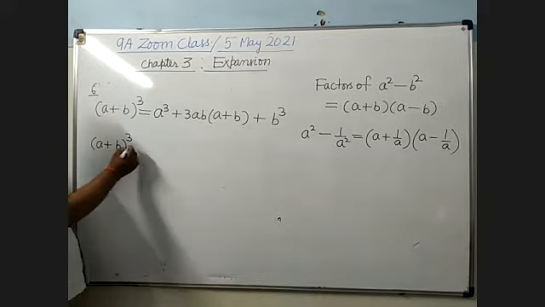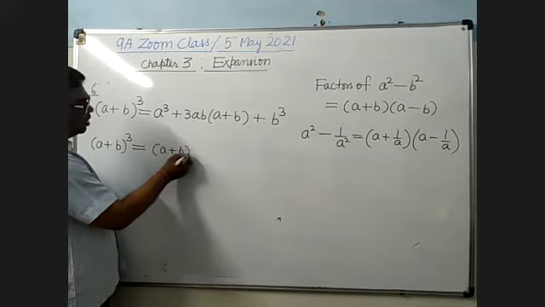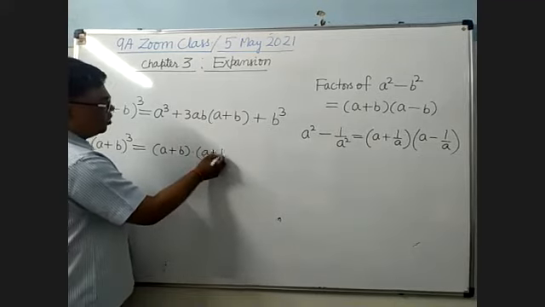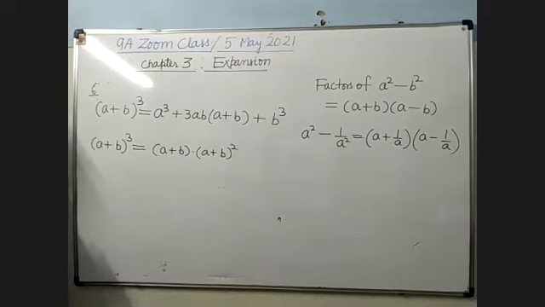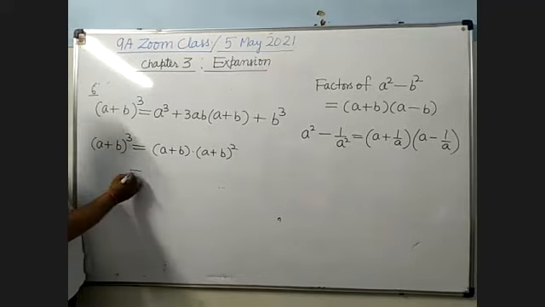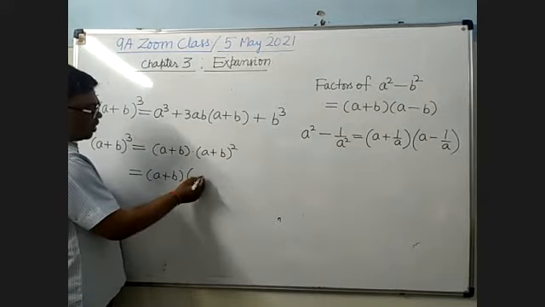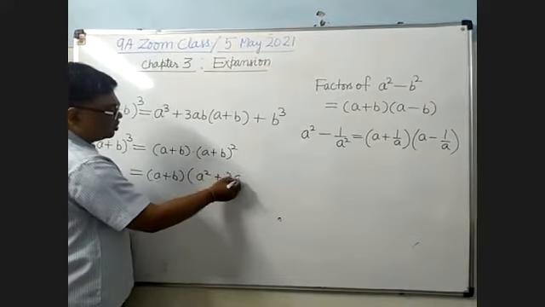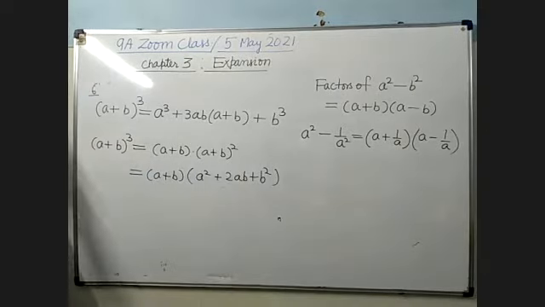So see here, how will you do? You can write it in this form: a plus b into a plus b whole square. It is clear? Now you can write it further: a plus b, in the other bracket, a square plus 2ab plus b square.